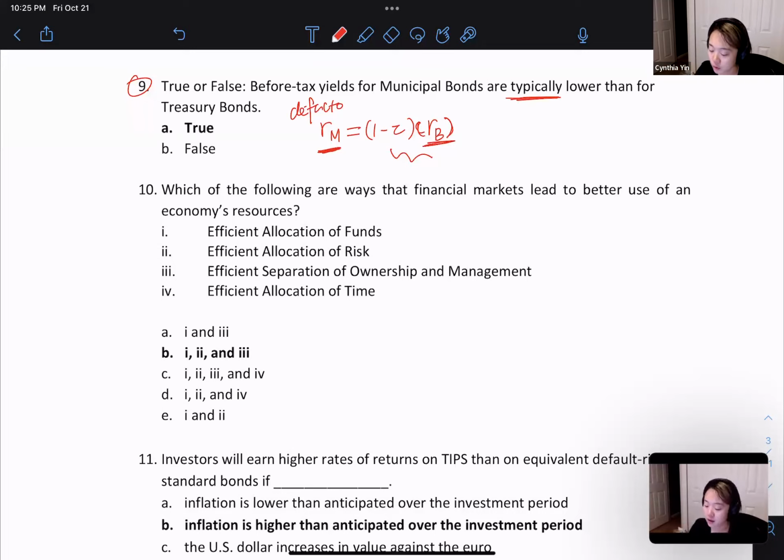So to make this equation approximately hold, the before tax yield for muni should be lower than this before tax bond yield, because the de facto yield you get from bond is after tax.